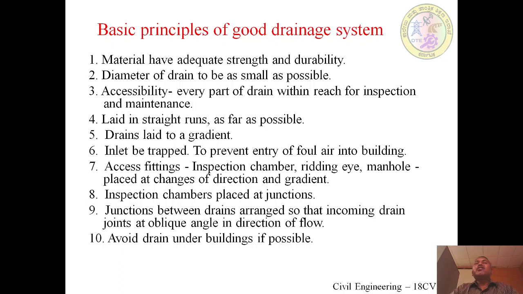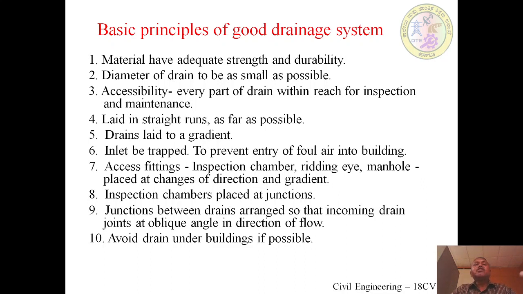Means the placing of the traps is very important at the bathrooms and wash basins, kitchens and toilets. And access fittings. Coming to the access fittings, we have an inspection chamber, a rodding eye, and a manhole placed at changes where the direction and gradient are going to be varied. And also inspection chambers placed at junctions.